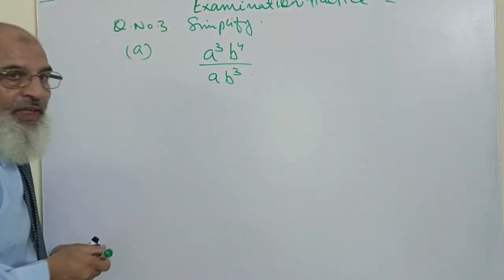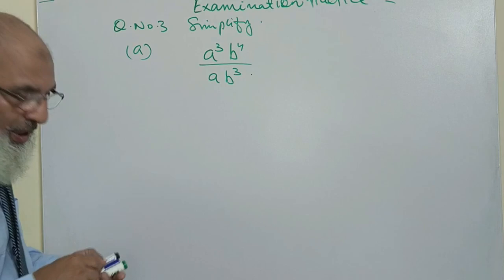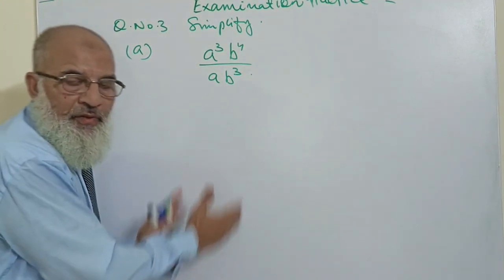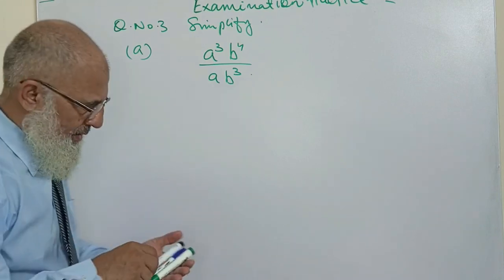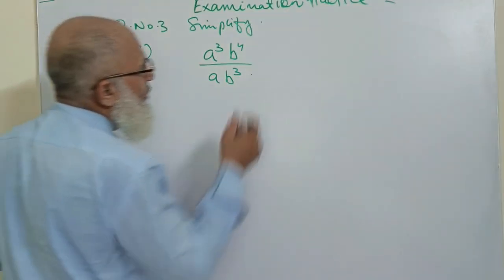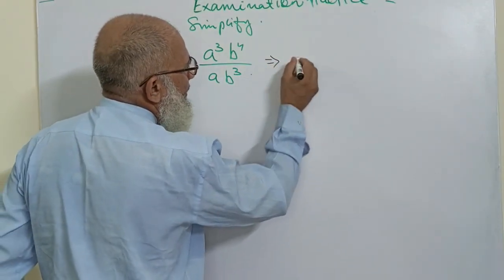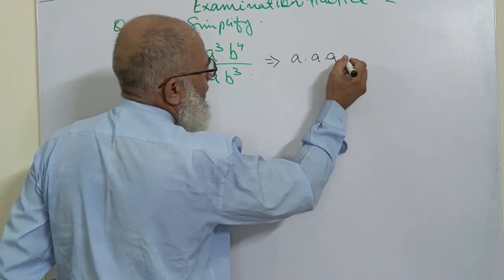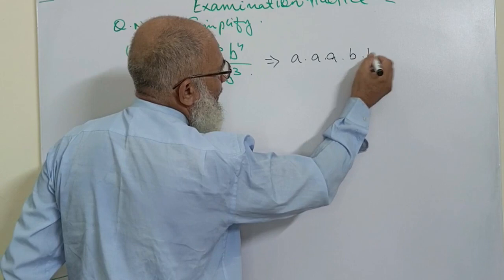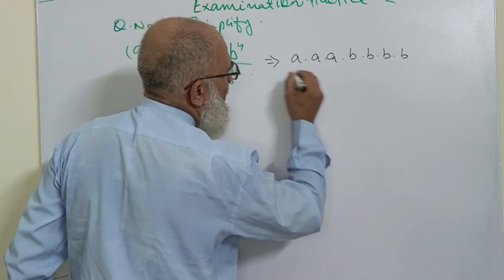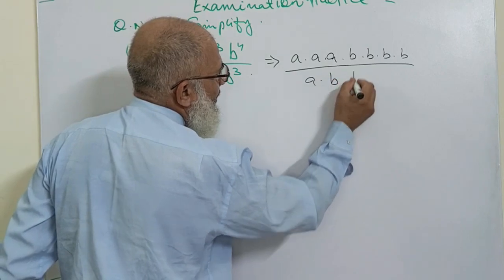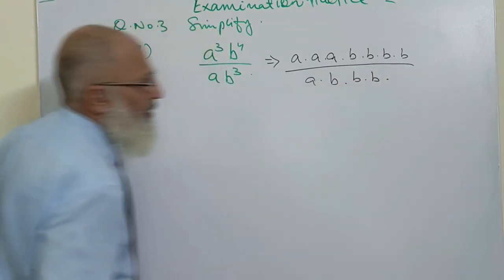Now if I go in detail, I'll do this part only in detail. The rest of the parts I will do quickly. Now, if I go in detail, it is written like this. You see that a, a, a, b, b, b, b, divided by a, b, b, b.